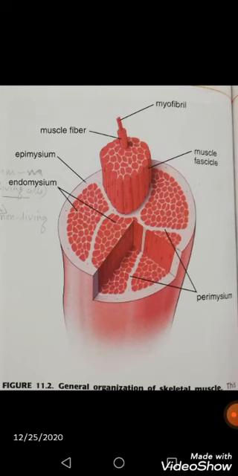Another good thing about the connective tissue and muscle proportion is that muscles responsible for fine, highly controlled movement, like the extraocular muscles of your eye, have a small number of muscle fibers or small fasciculi in comparison to a relatively greater proportion of perimysial connective tissue. Means less muscle but more connective tissue in your extraocular muscle.